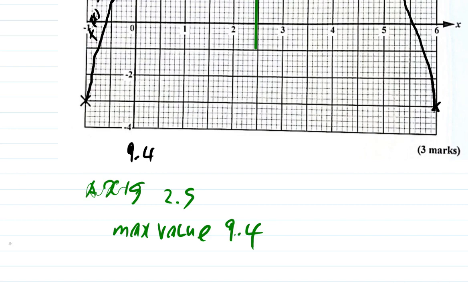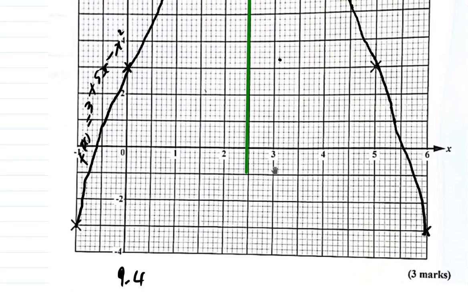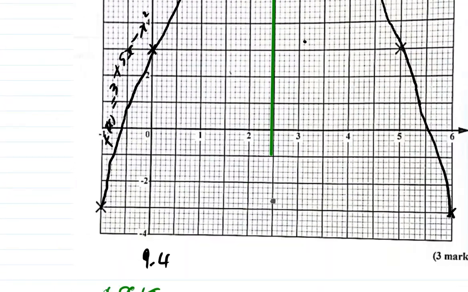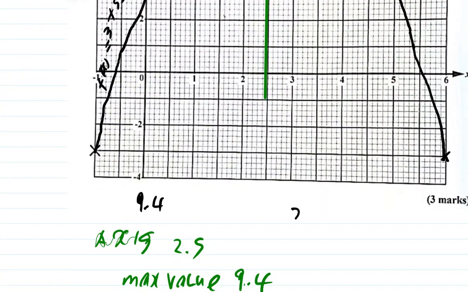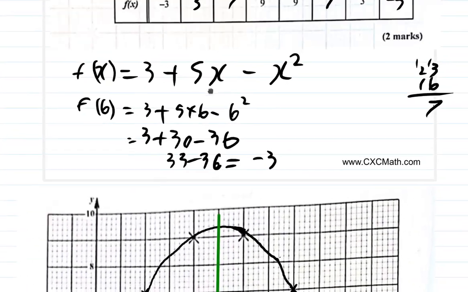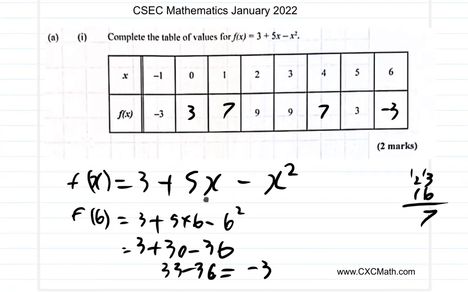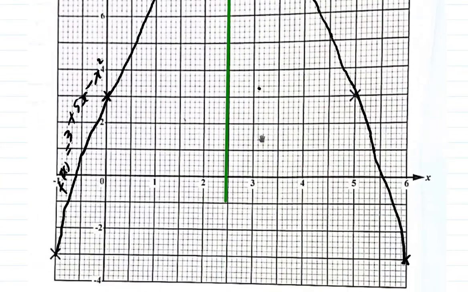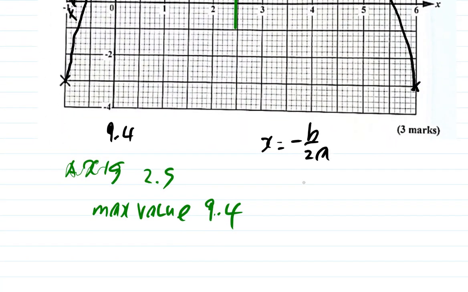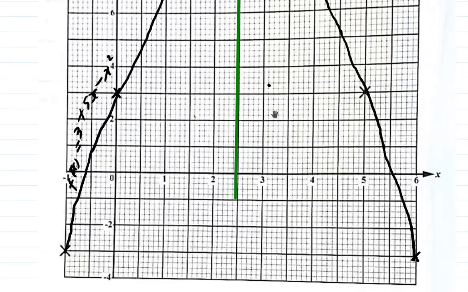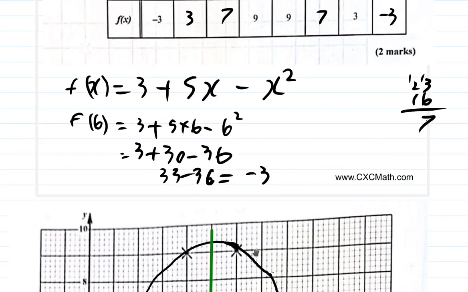But anyway, as I said before, it could be calculated too, because generally the axis of symmetry, the equation is x equal negative b over 2a. And from looking at this, we have negative x squared plus 5x. We have F of x equal negative x squared plus 5x plus 3.